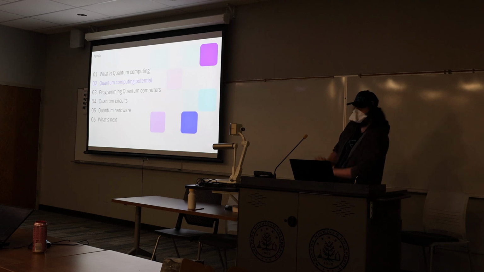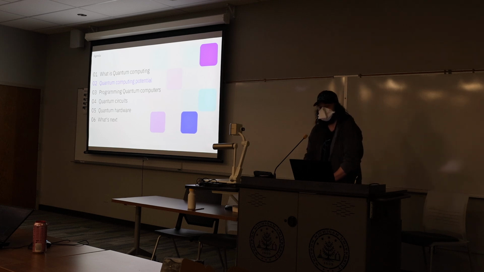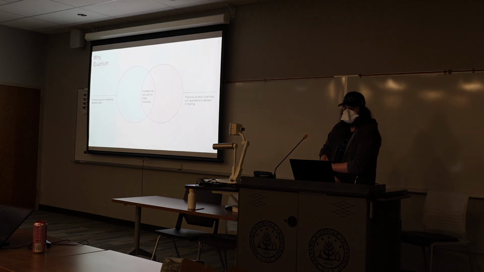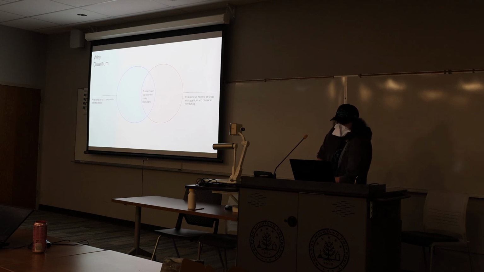All right, so brief ELI5 about quantum computing. So why would we be interested in this in the first place? After all, we've been working on classical computing for many years. We have supercomputers. Why would you use it? Well, partially because of this nice Venn diagram. So there are some problems that we can't figure out currently or figure out in a timely manner.